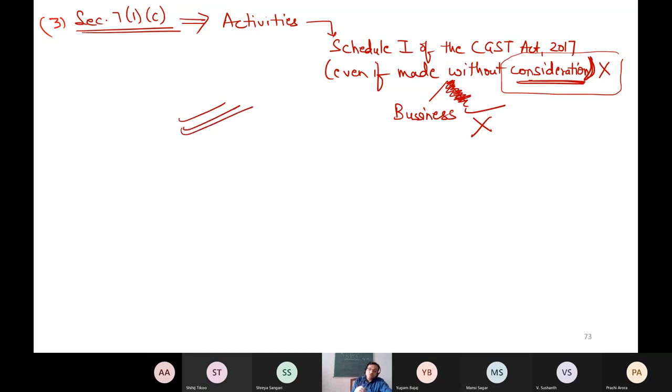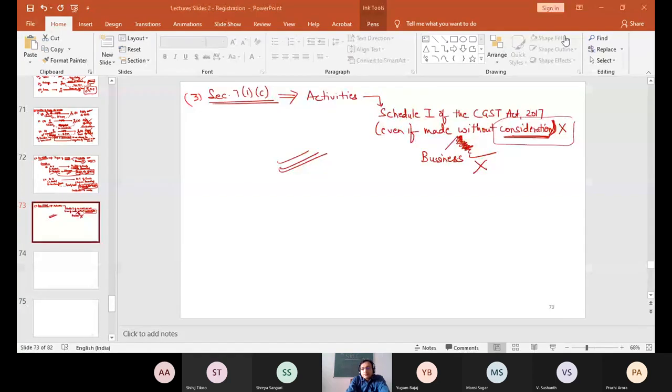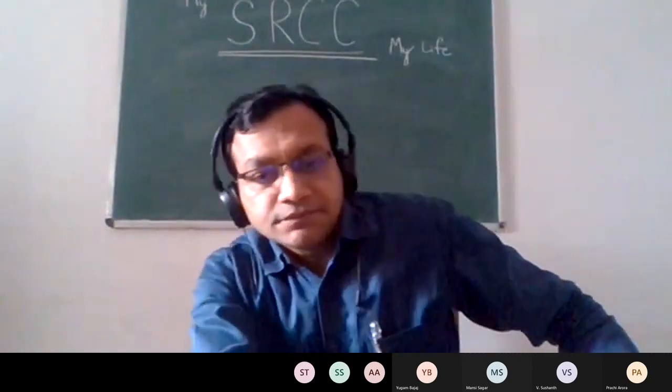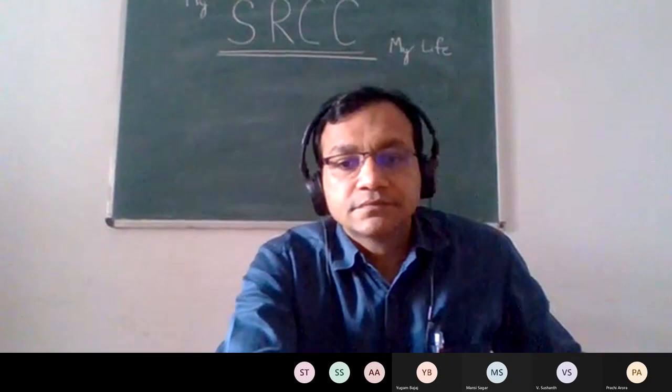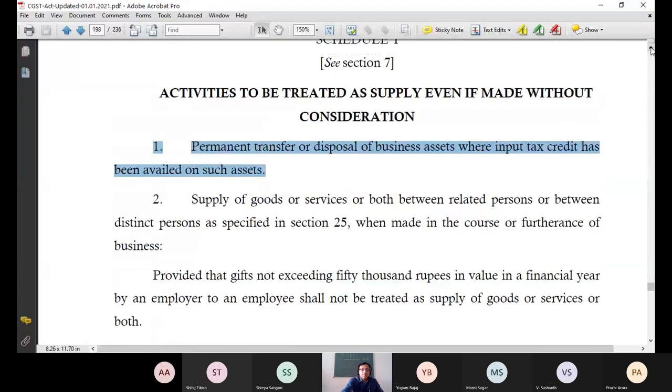Now for this you need to know what is this Schedule 1. So let me show you the bare Act and let us see what is mentioned in Schedule 1 of the CGST. Schedules are always mentioned at the last, so these are the last pages of the Act.